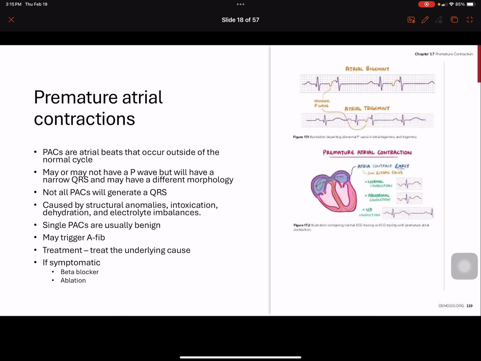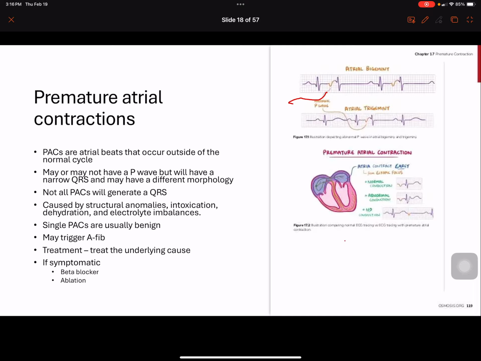And if we look at this little chart on the right, you can see you have this sinus rhythm, and then you have this kind of funky looking, narrow complex beat. And how do we know that it is originating from the atria? Well, two things. It's going to have a P wave, which you can see here, but it's an abnormal looking P wave that differs from the rest of the P waves. Why do you think it's abnormal compared to the P wave?